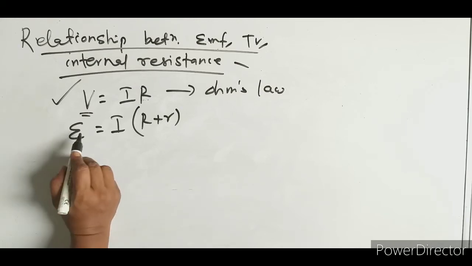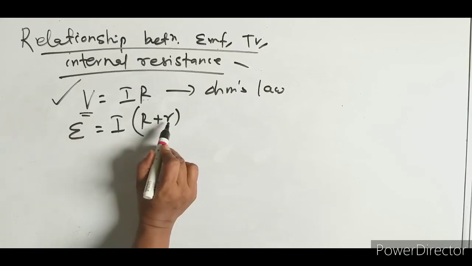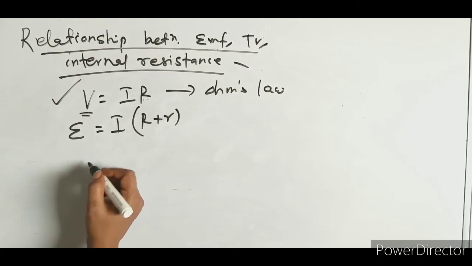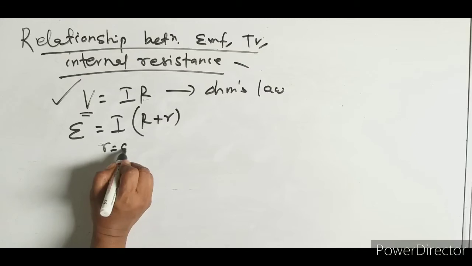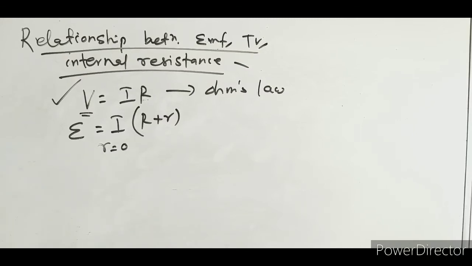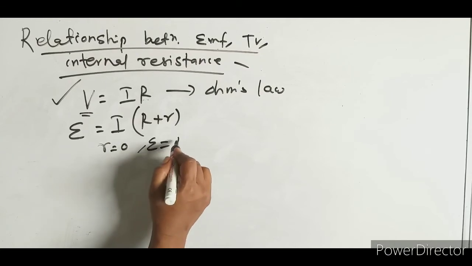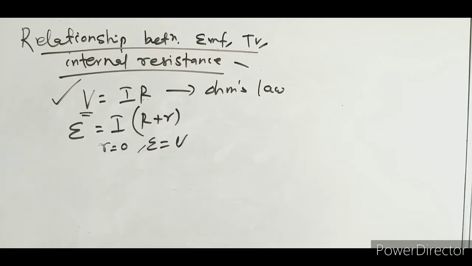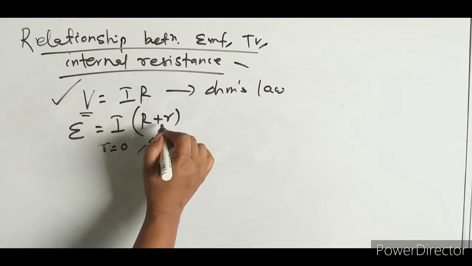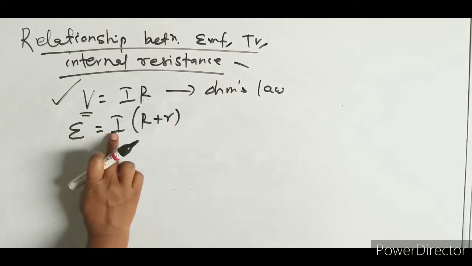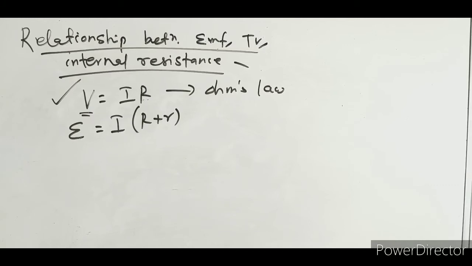Whenever we are getting EMF, there must be internal resistance. And if internal resistance is 0 or negligible, then this EMF becomes terminal voltage. Because this part will be 0, then E equal to IR. Okay, keeping this in mind, let us go for the formula.